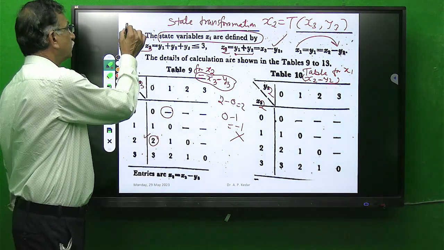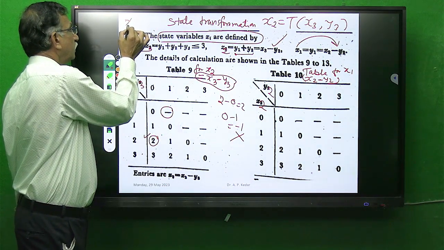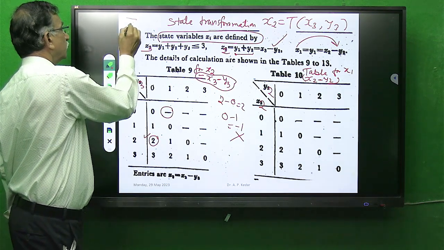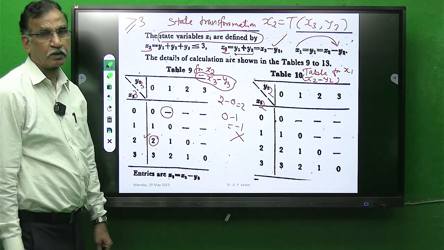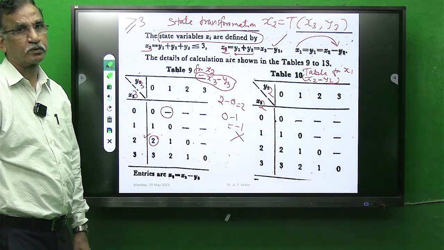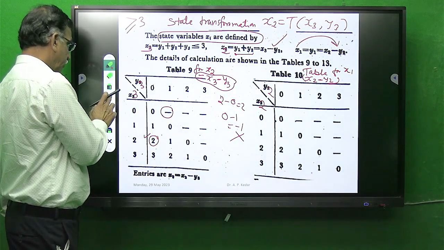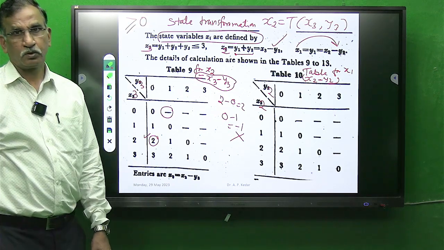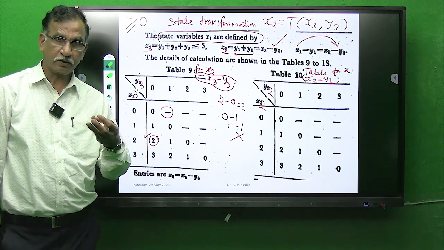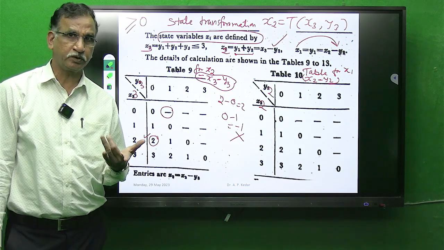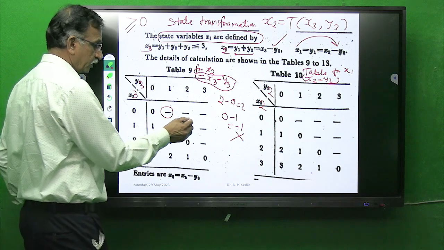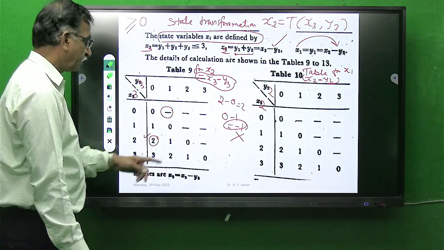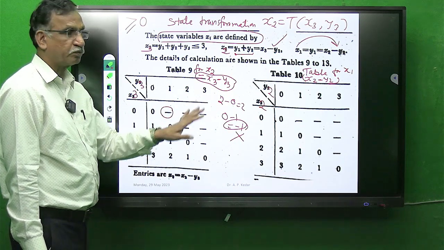Our values, if you recall, are greater than or equal to 0. Maybe 1, maybe 0, maybe 2, maybe 3. So wherever we are getting such type of relationship, we are putting dash. Wherever we are getting satisfying values, we are putting values.